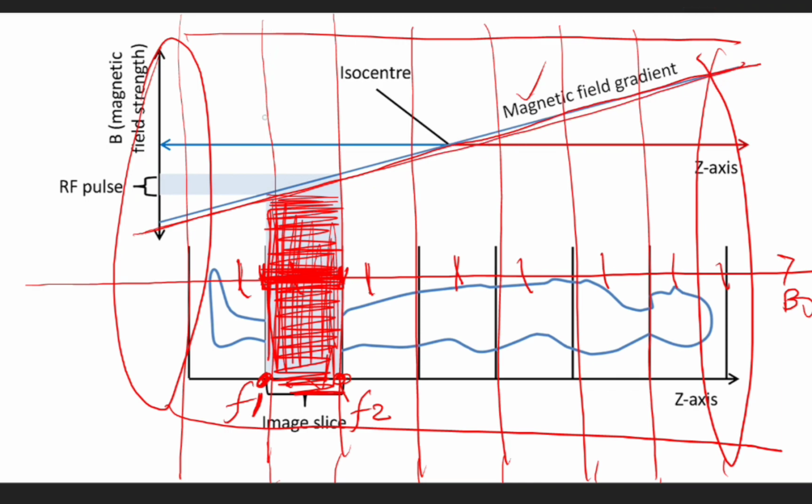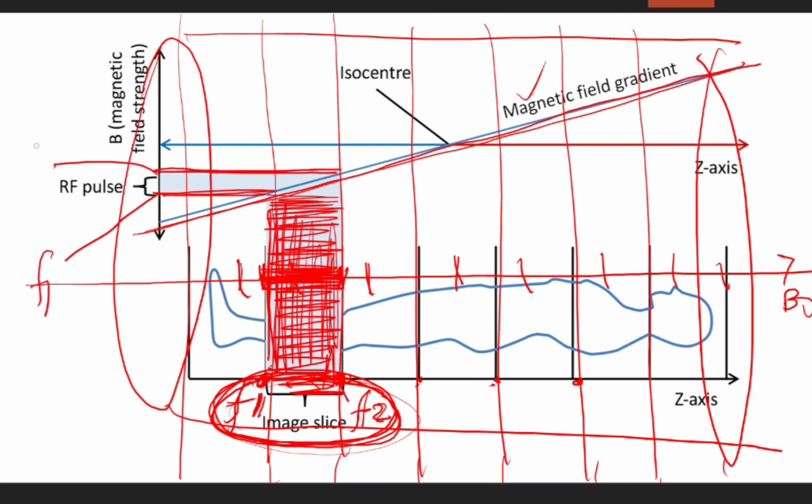So inside the magnet each point has a different frequency. This one is F1 frequency and this one is F2 frequency. If we know the frequency band between this point and this point, we will apply an RF of that same frequency band, from this frequency to this frequency.